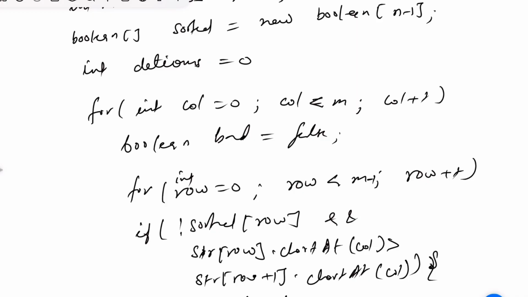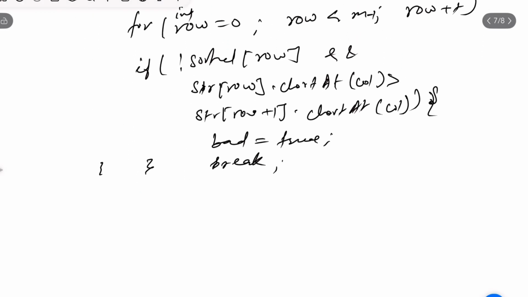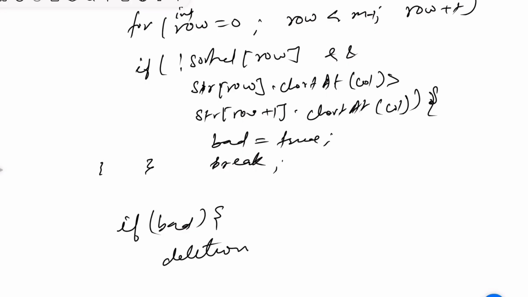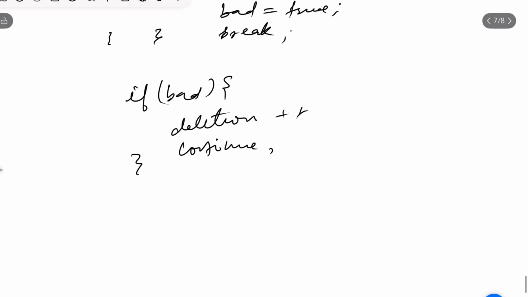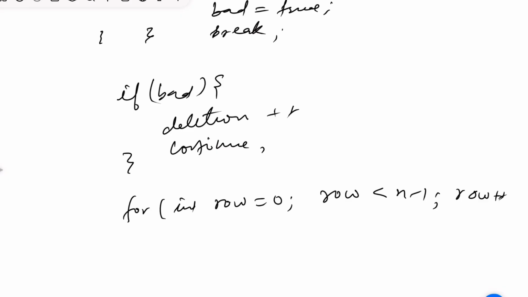So this is what we have to do, guys. Once this is done, you just need to check: if bad means true, deletion plus plus and continue. So all those will get continued, right? Now you will make a for loop again and check for int row equal to 0, row is less than n-1, and row plus plus.